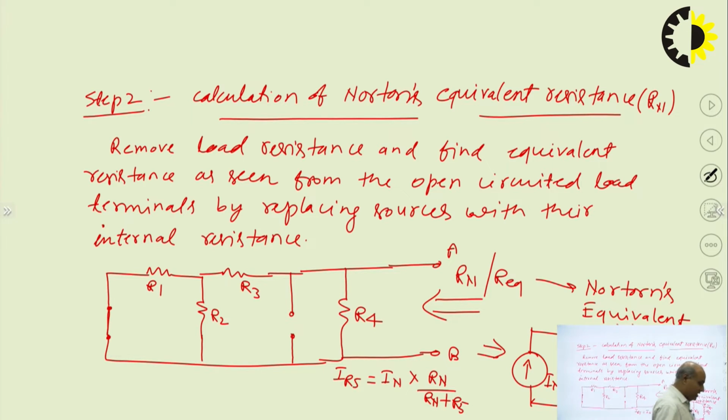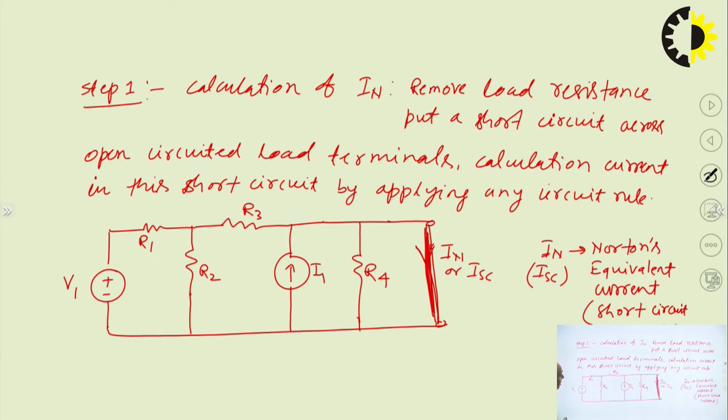In the procedure for calculation of current or voltage across any load, we have two steps. In the first step we have calculated the value of IN or short circuit current, right? How have we calculated? We have put a short circuit across the load terminals, right?